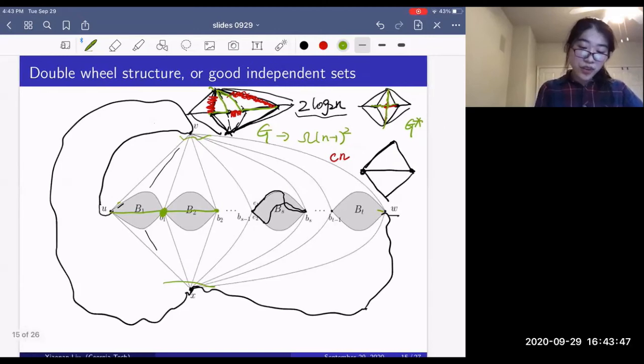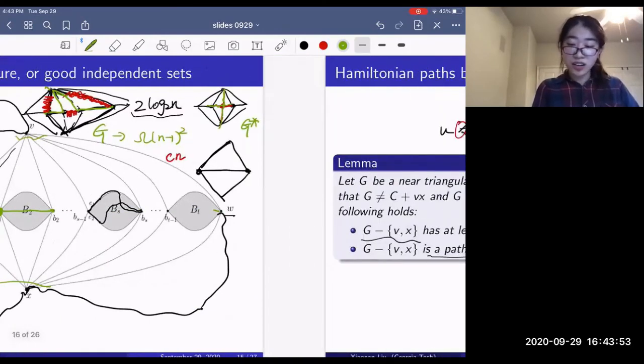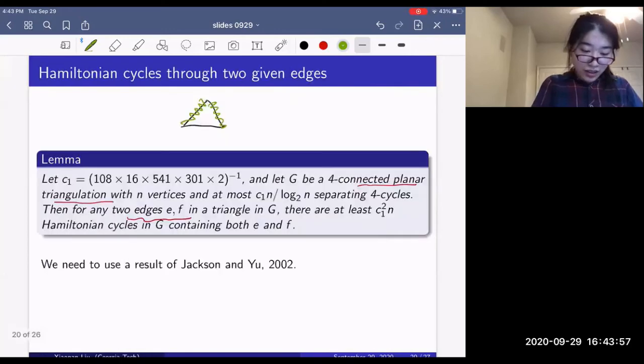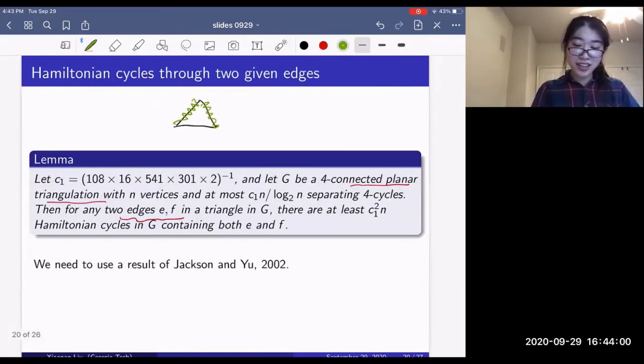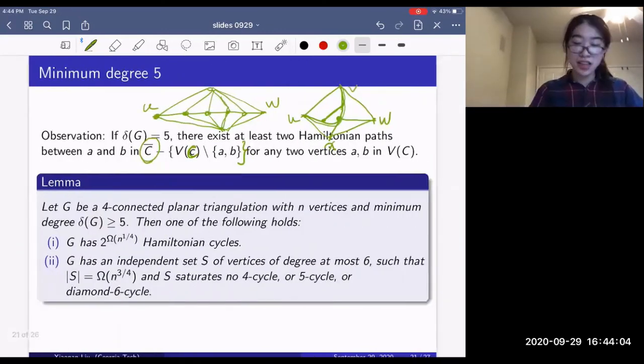So for minimum degree 5, we don't need to consider this case. If they have a lot of common neighbors, then they are good.